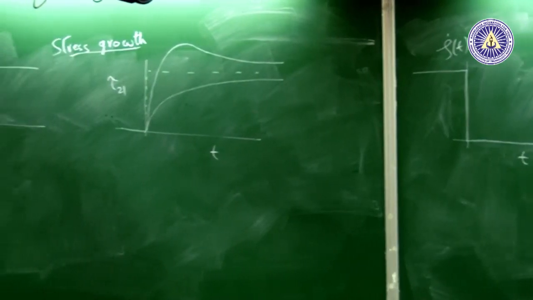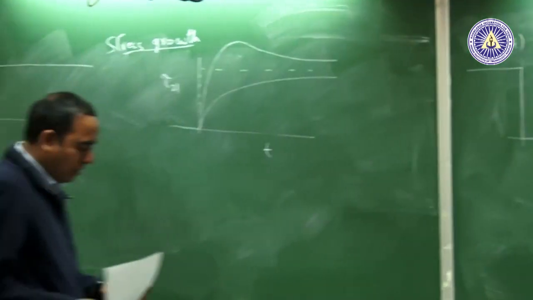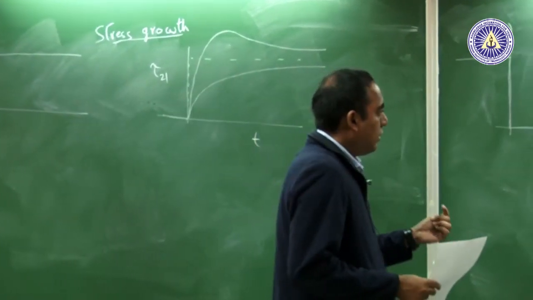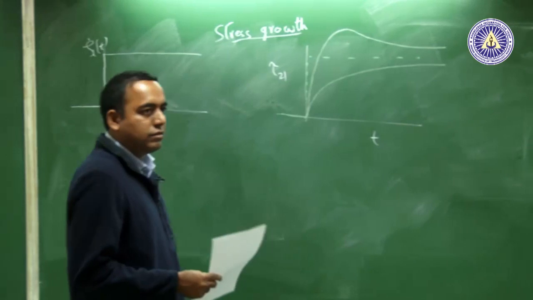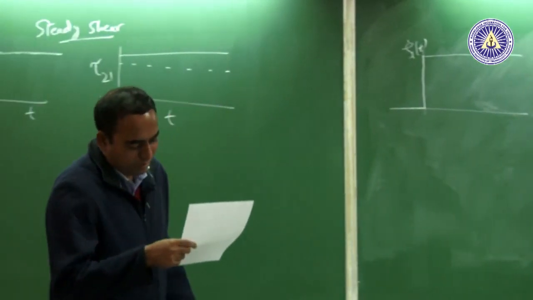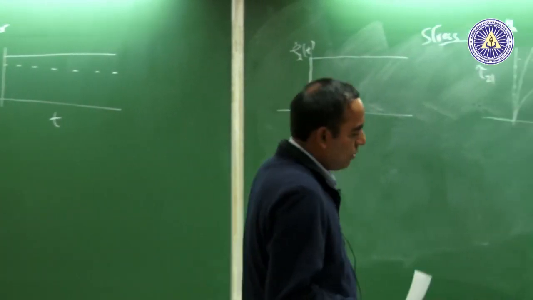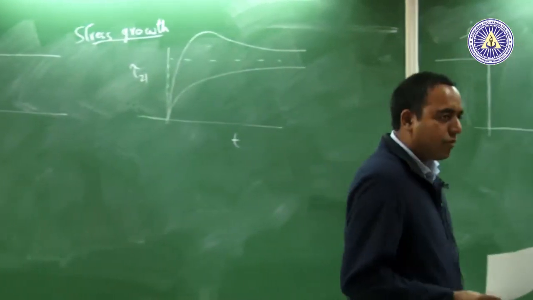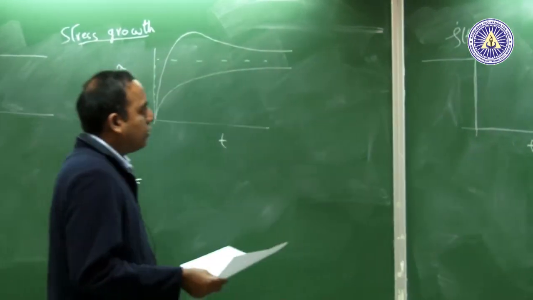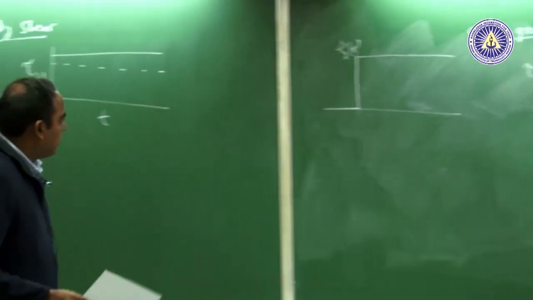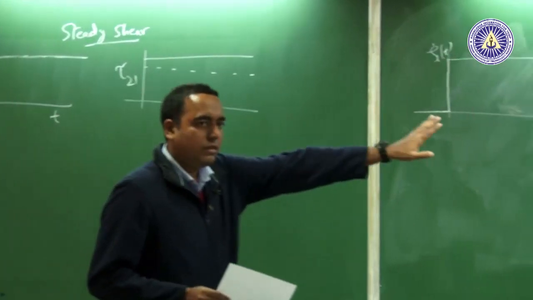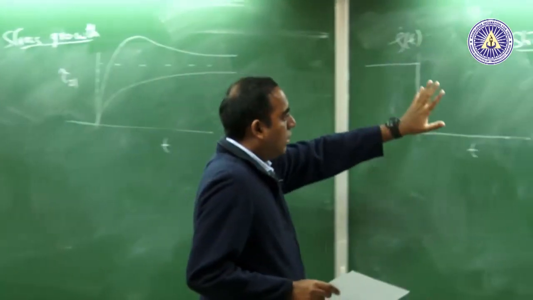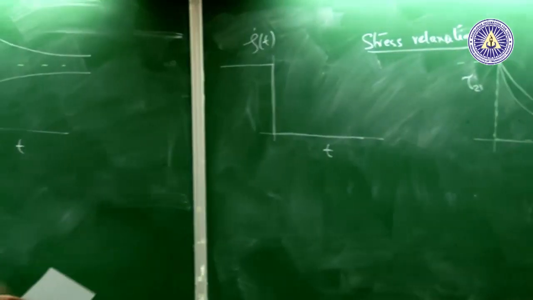Now, there are other experiments. There is something called creep, there is something called step strain, and there is something called SAOS, small amplitude oscillatory shear. Professor Joshi might have talked more about the SAOS and other experiments. So, I will limit my discussions to essentially these 3 sets of standard flows and these 3 sets of experiments that you can see.